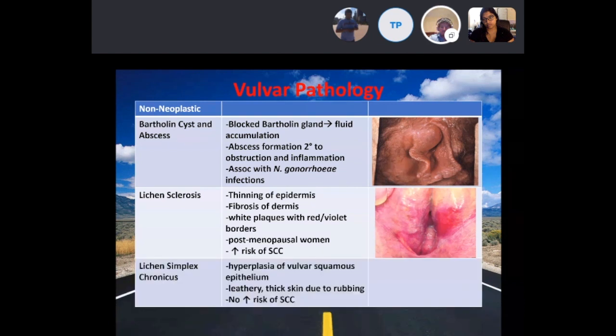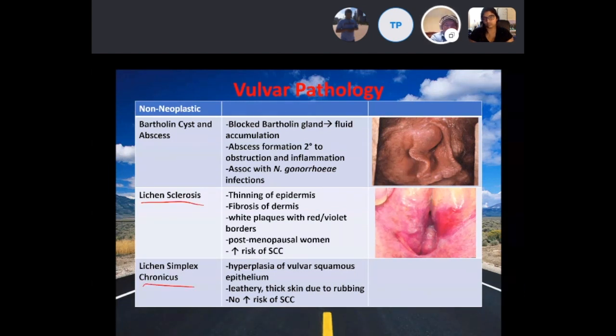And then we've got lichen simplex chronicus. So this is hyperplasia of the vulvar squamous epithelium. And this has more of a leathery thickening of the skin due to rubbing, and there isn't an increase in squamous cell carcinoma. So we have lichen sclerosus, which is a thinning, and then lichen simplex chronicus is a thickening.